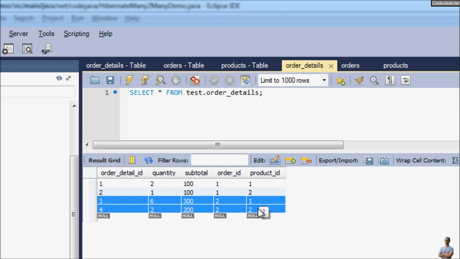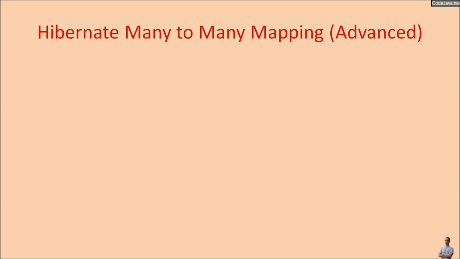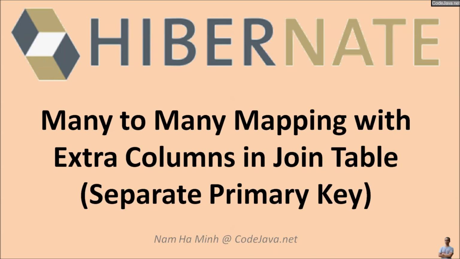Very good, right? Well, so far you have learned how to use Hibernate with JPA annotations to implement a many-to-many mapping with extra columns in the join table, and the join table also has a separate primary key, as you can see here.